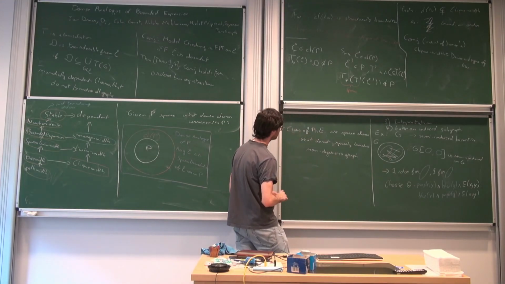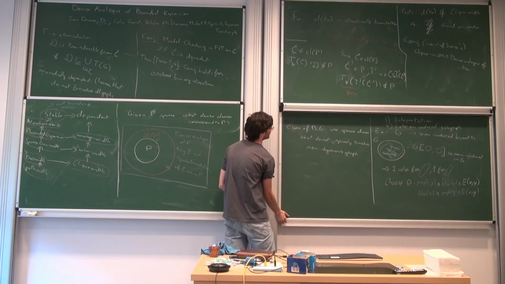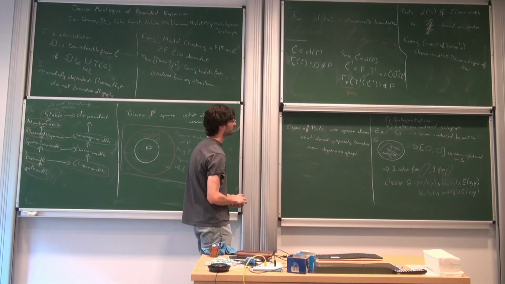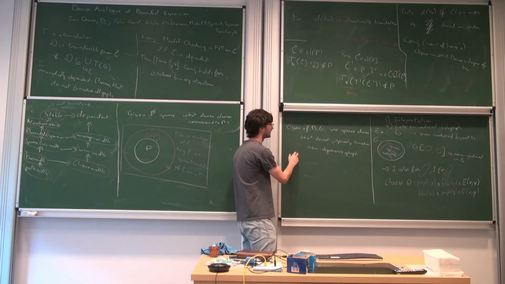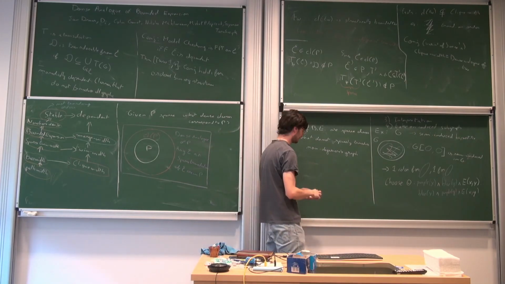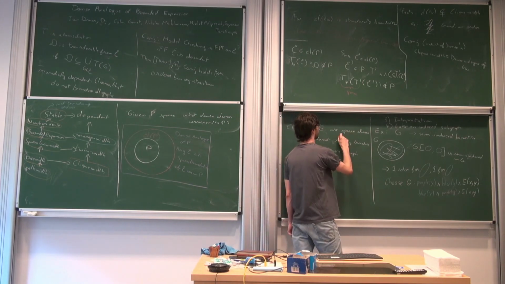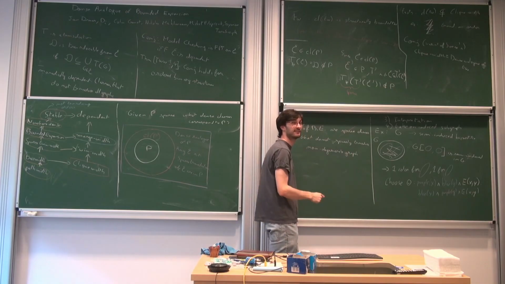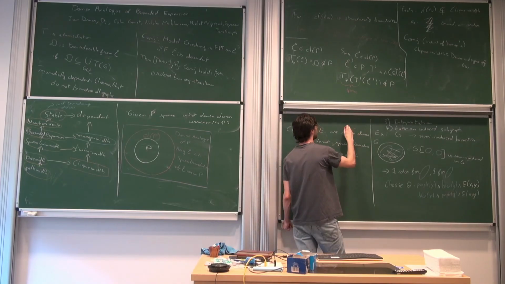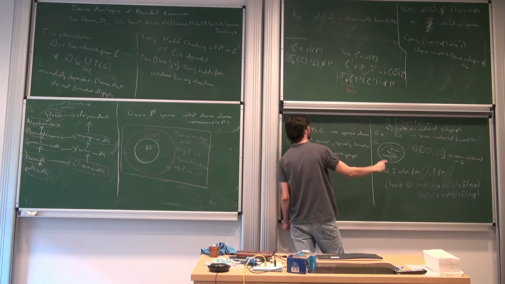There are tons of equivalent definitions. This definition is nice because the dense analog of a class of bounded expansion is simply this one. You remove the sparse property and you obtain the dense analog of bounded expansion.